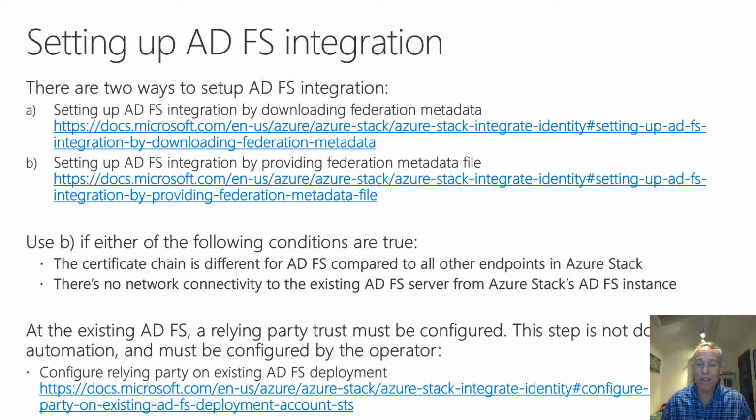You can follow those links and find out how to do the setup. Two methods to do the same thing, basically. There are some reasons that you would use option B, which is slightly more complicated, especially if when you deploy, you're not going to have access to the ADFS live, as it were, from your Azure Stack instance.